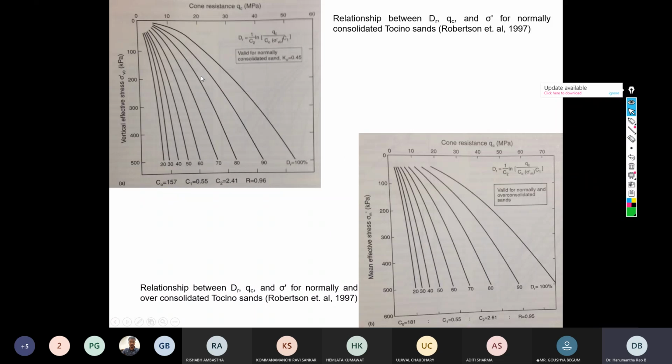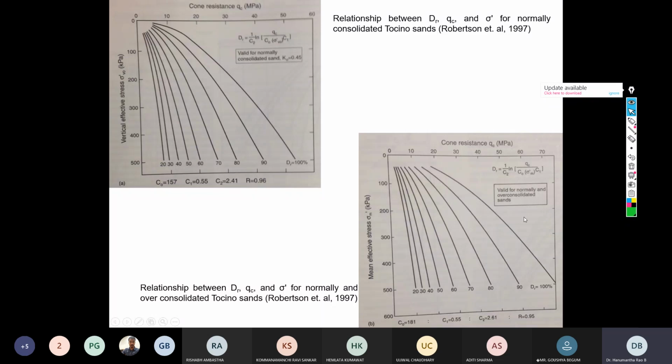The top graph is for normally consolidated sand with an earth pressure coefficient K naught of 0.45, while the bottom right side graph shows the same relationship, that is cone resistance versus mean effective stress.